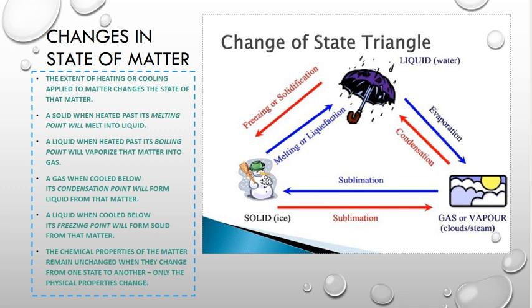When we freeze the liquid, we get solid. Similarly, when we heat up the liquid, we get gas, and when we cool the gas, we get liquid. And solid to gas and gas to solid happens through sublimation, vice versa. Hope everyone understood our states of matter today.